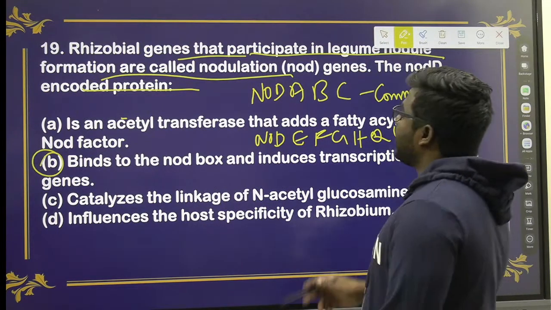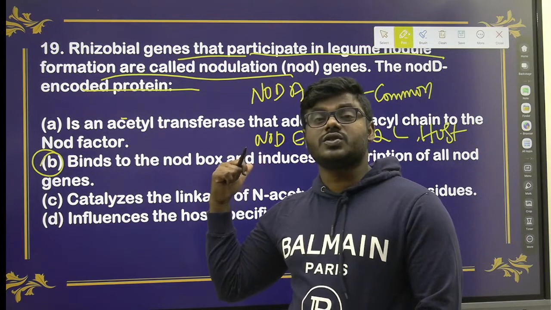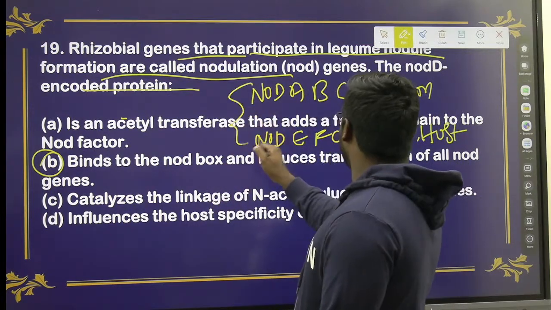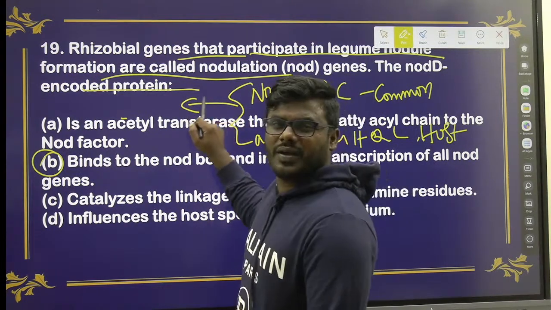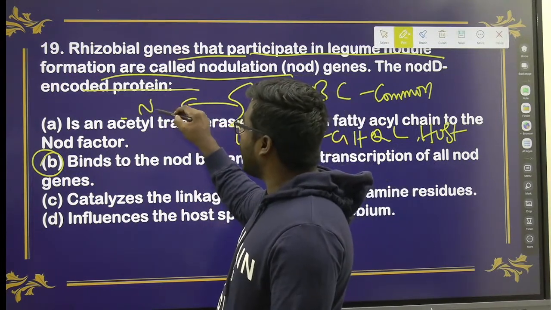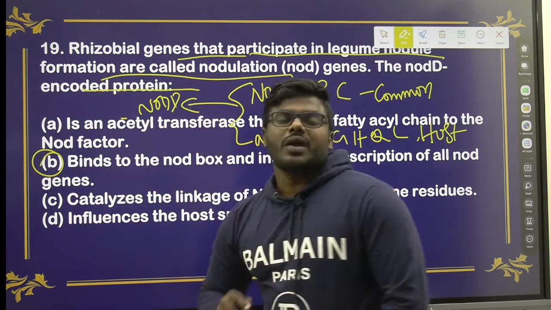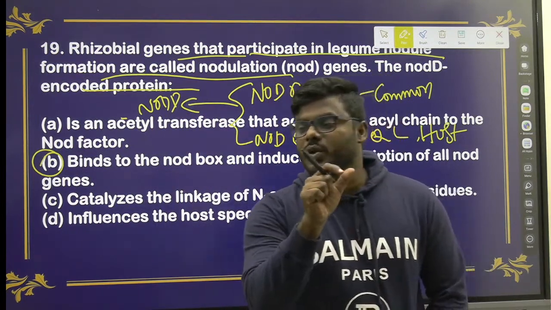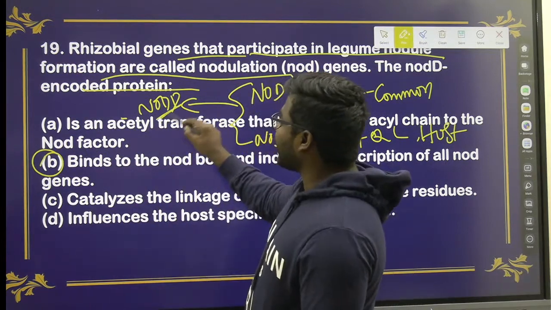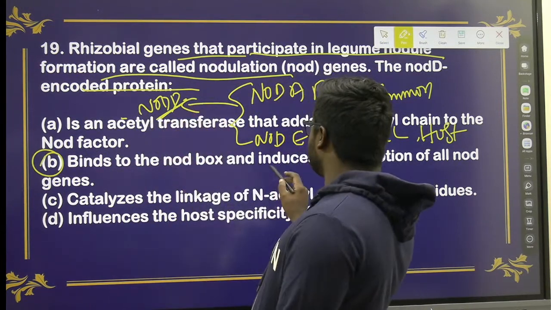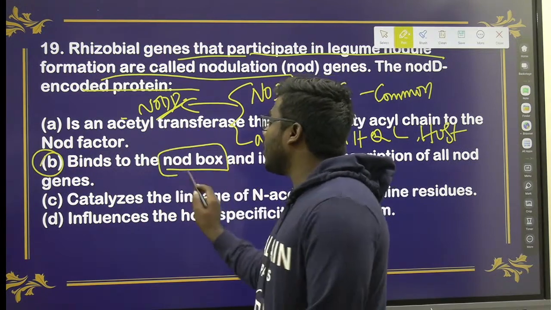But we discussed very clearly: if all these genes want to be active, first of all they all have to be associated with the NOD D gene, because NOD D is the constitutive gene. It is expressed every time, first it gets expressed, then it comes and associates with a region we call the NOD box.